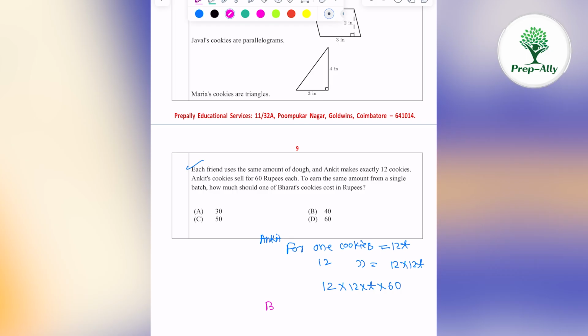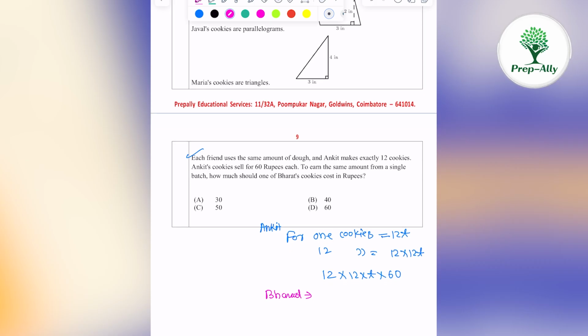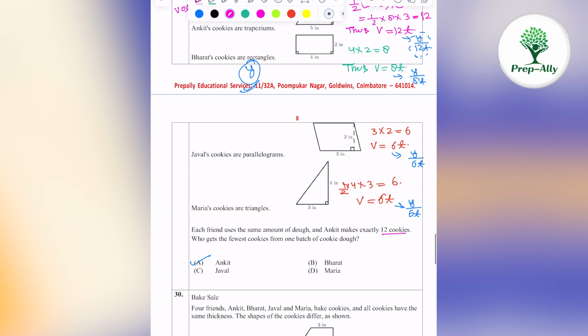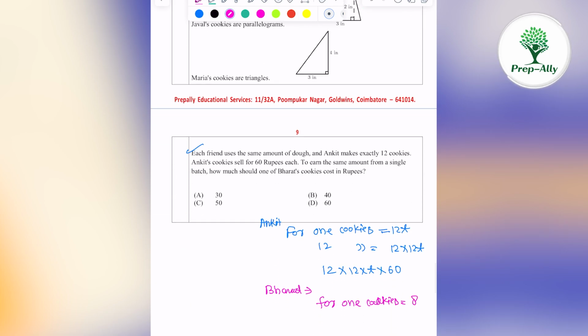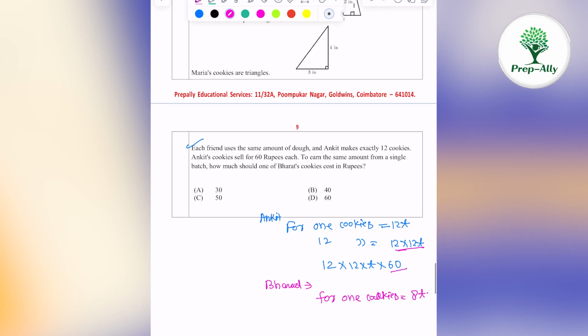So for Bharat, how much should be charged so that they can earn the same amount? For one cookie they use 8t. But for 12 cookies, Ankit uses the volume 12 into 12t, and charges 60 rupees for each cookie.